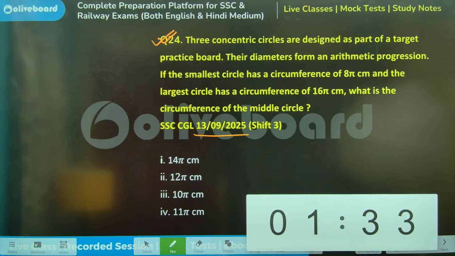Chalo. Very simple. It does not mean it's a difficult question or anything. It's a very simple question. But again, you have to do it.